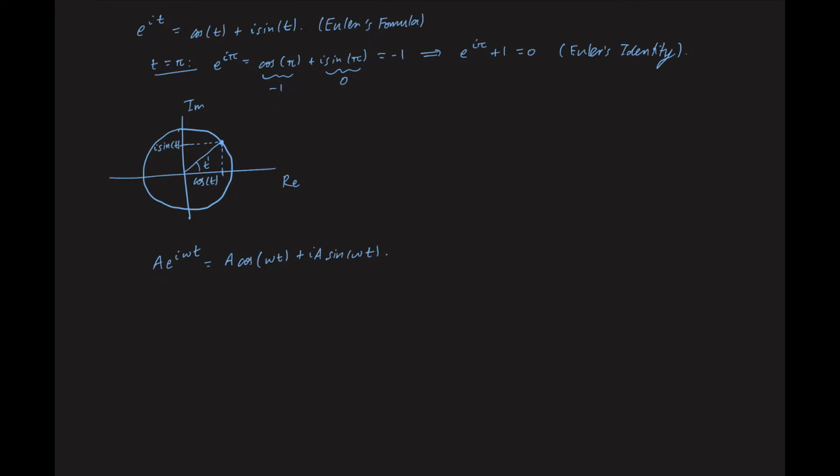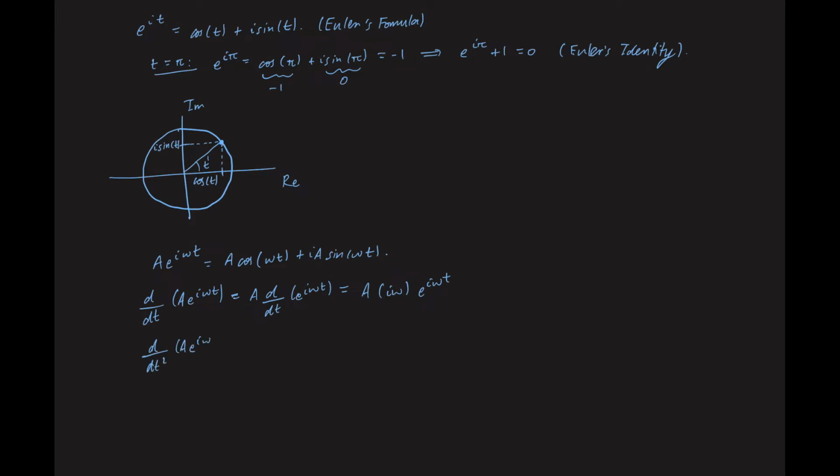Now let's go ahead and differentiate this complex exponential with respect to time. Because a is a constant, we can factor it out. The chain rule gives us that this is equal to a i omega e to the i omega t. And let's differentiate once more.